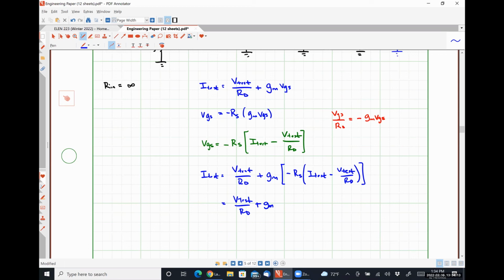So that's going to look like RS over RD times V test, right? And that is going to be equal to I test plus GM RS I test, which I didn't give myself quite enough room.